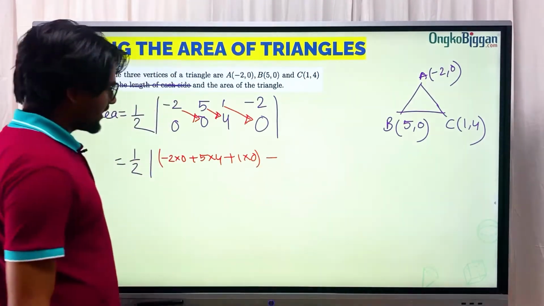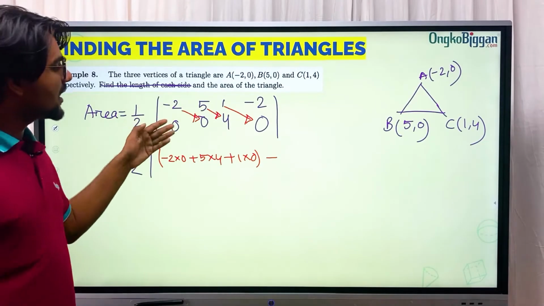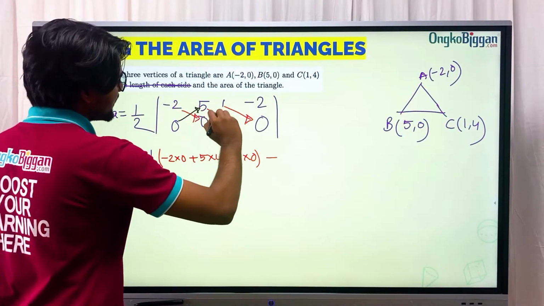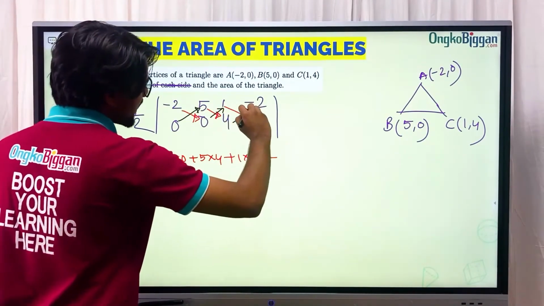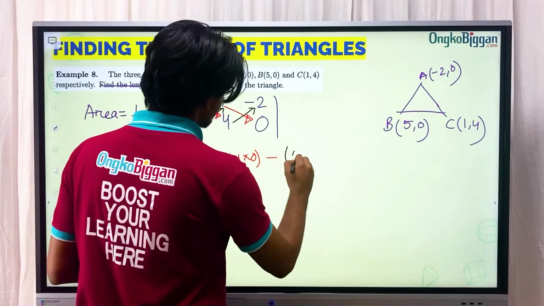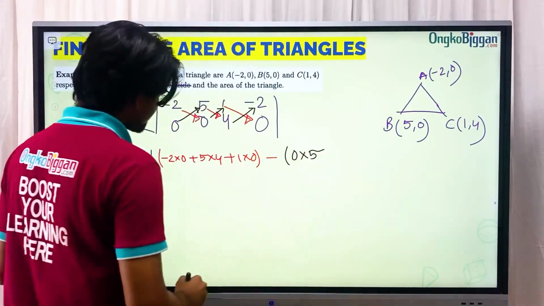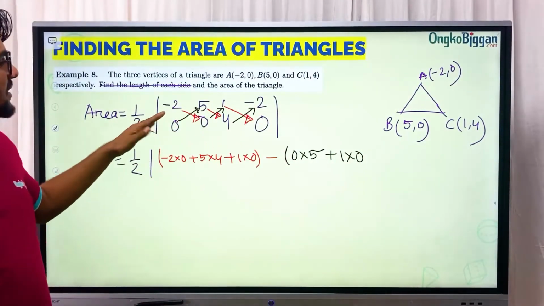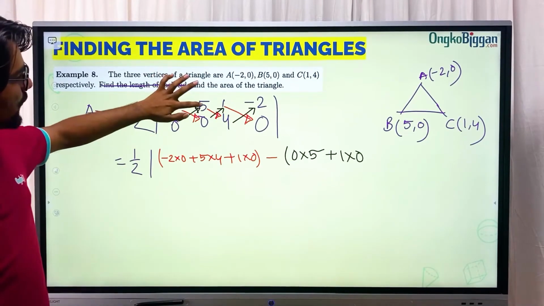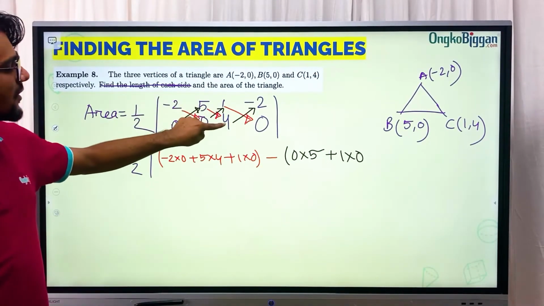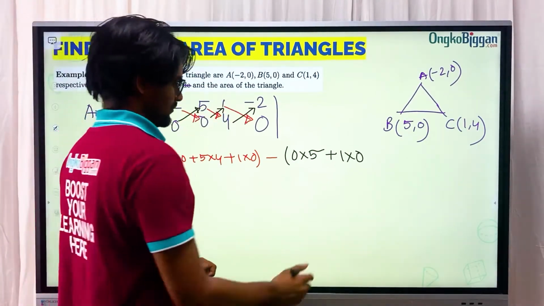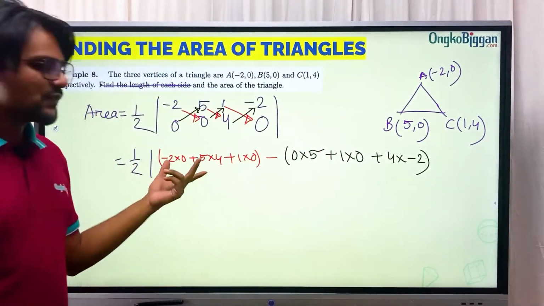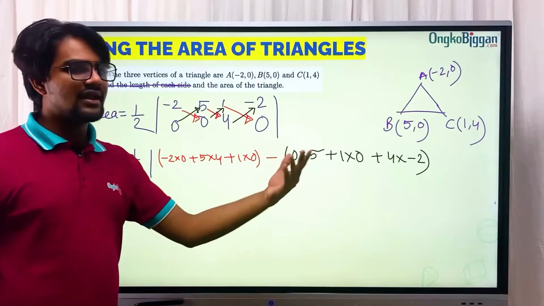Then we give a minus. And now we complete our multiplication in this way: 0 into 5, 1 into 0, and 4 into -2. So plus 4 into -2. The zeros will be 0, so it doesn't matter if I wrote them or not.